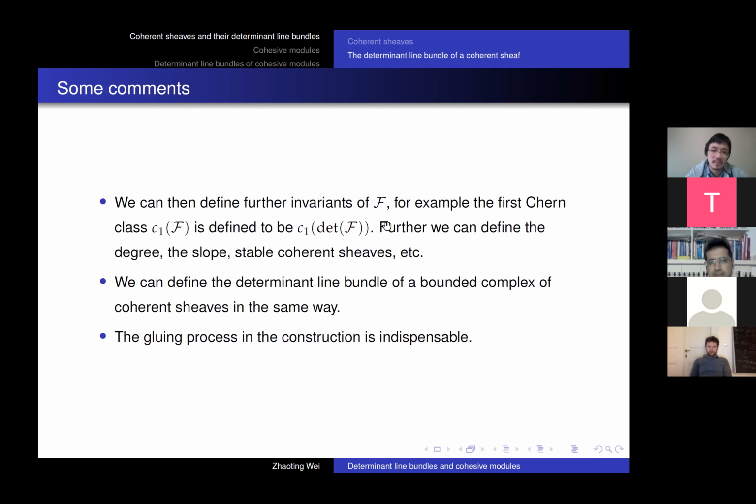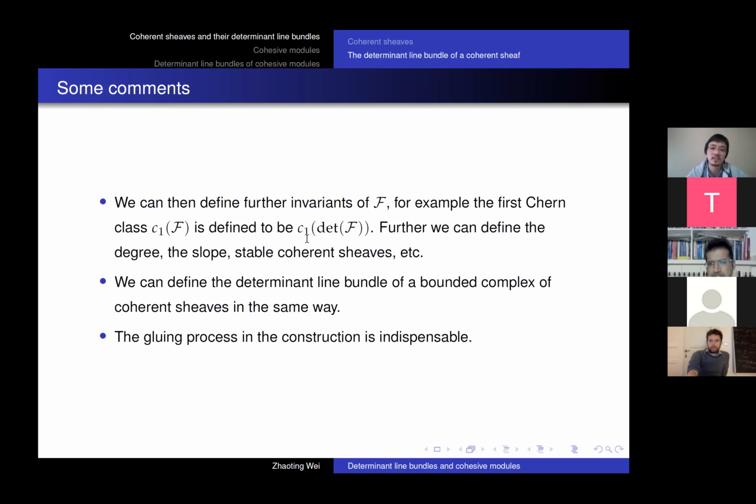Okay. So there are some comments. Since we have the determinant line bundle, we can further define the first Chern class, and maybe the Chern number, of the coherent sheaf. It's an important numerical invariant. And further, we can define the degree, the slope, and the stability conditions on coherent sheaves from this.